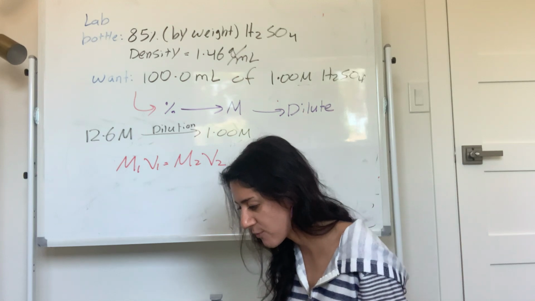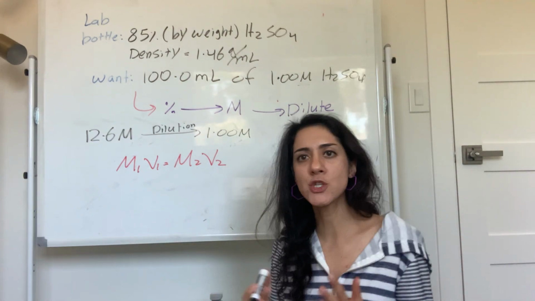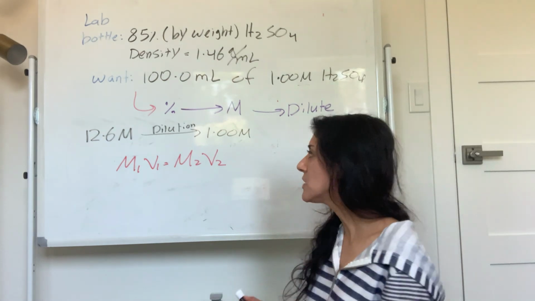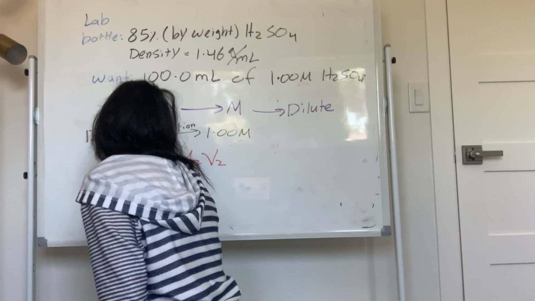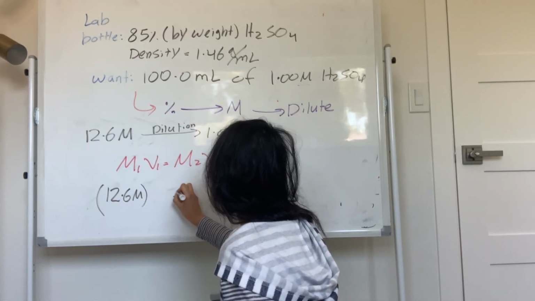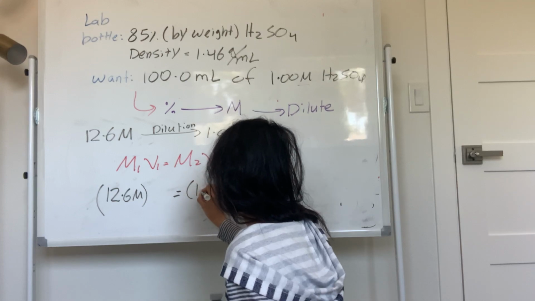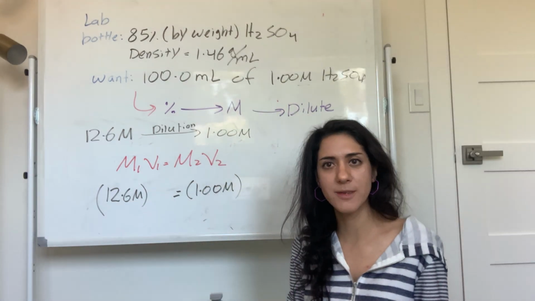That is the formula for dilution. Okay. Now, what is my initial concentration? My initial concentration is 12.6 molar. What is my final concentration? My final concentration that I want is 1.00 molar. You follow me so far?